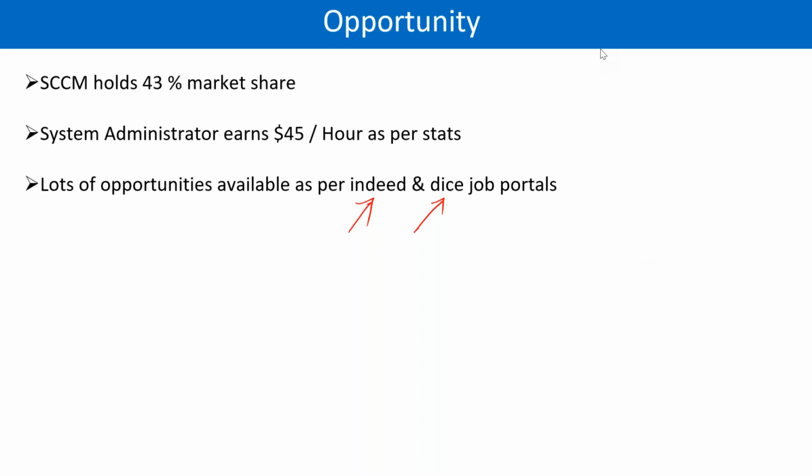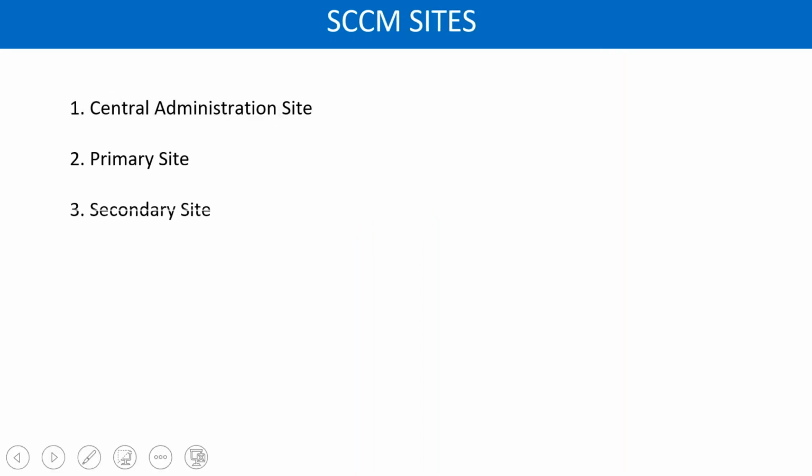Okay, so in today's session, I'm not going into in-depth training. We'll just do the overview. From tomorrow, we will start from the beginning. Today I'm just giving you the overview of SCCM and how the training will be conducted. Opportunities we have talked about. Now we will discuss the sites.